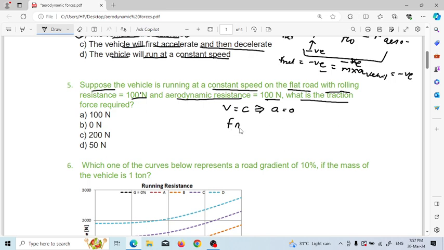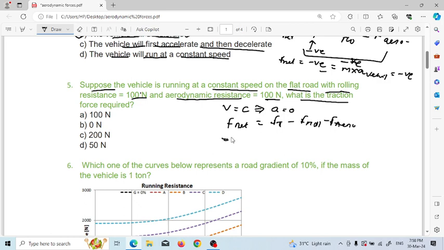We know F net is F traction force minus F rolling resistance minus F aerodynamics resistance.